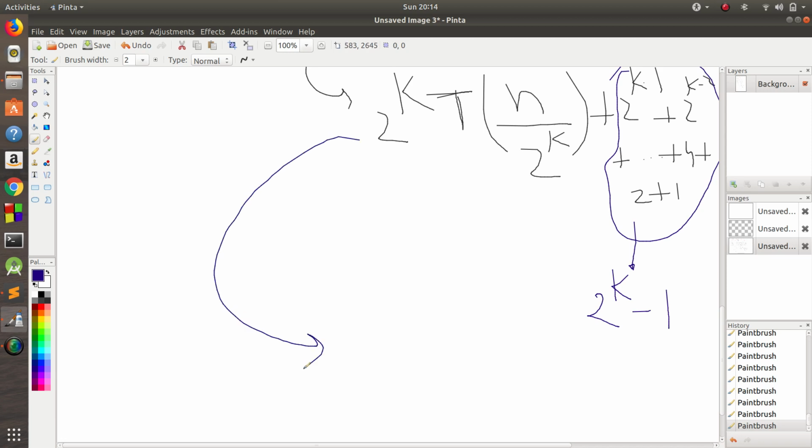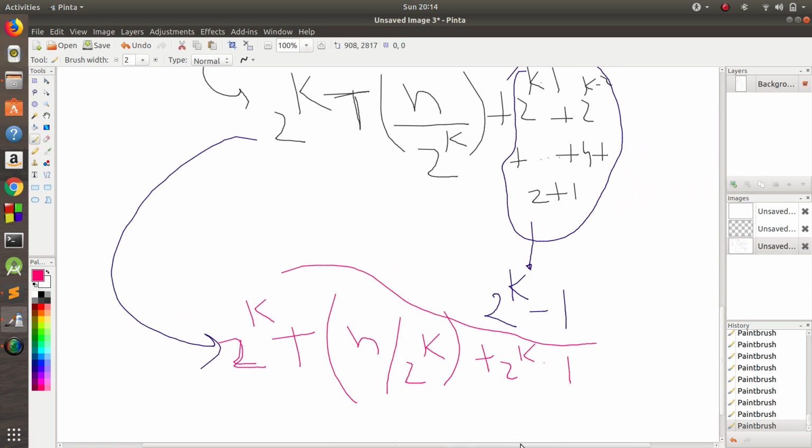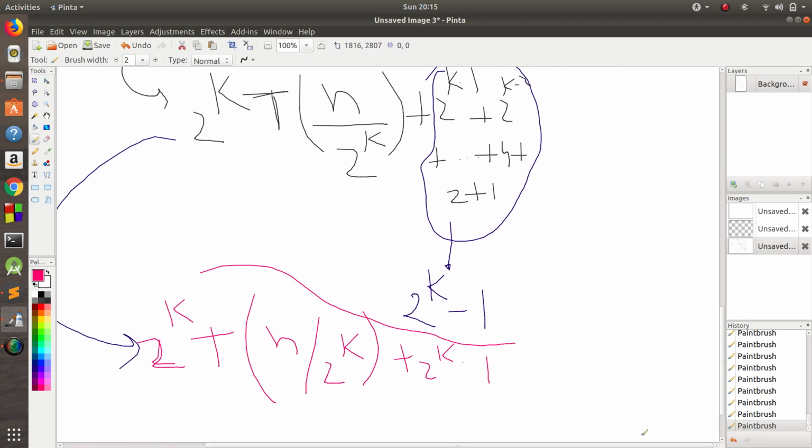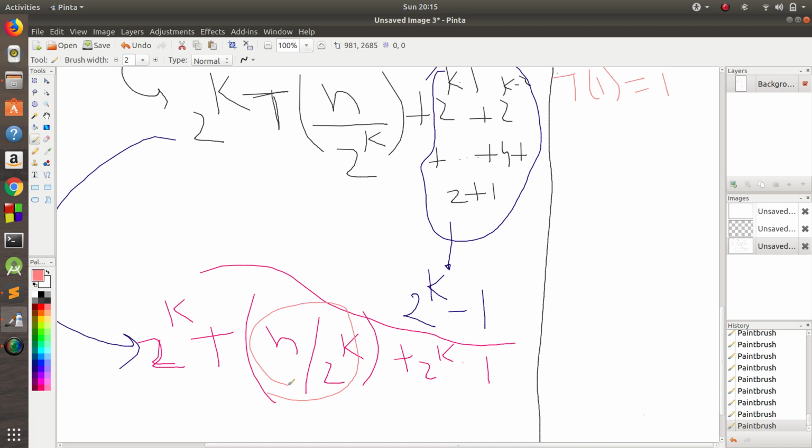This whole thing shall become 2^k T(n/2^k) + 2^k - 1. We know that at T(1) we are having 1, so we want to make this thing equal to 1.